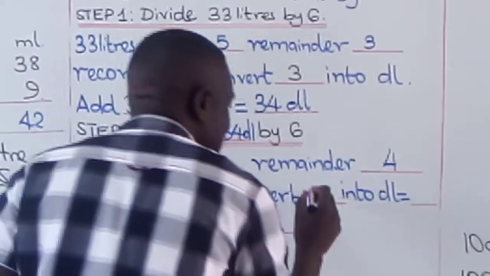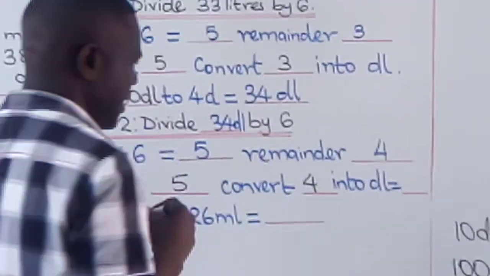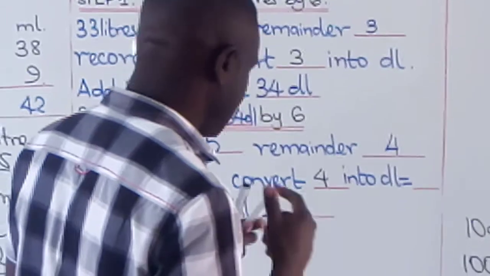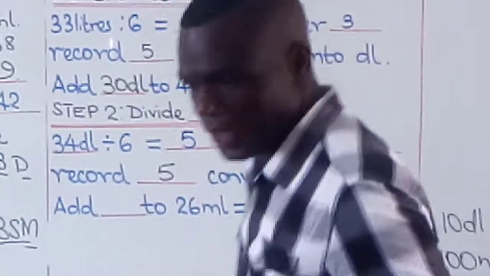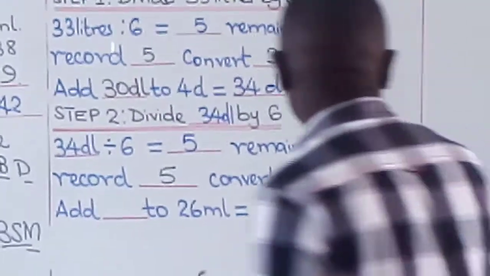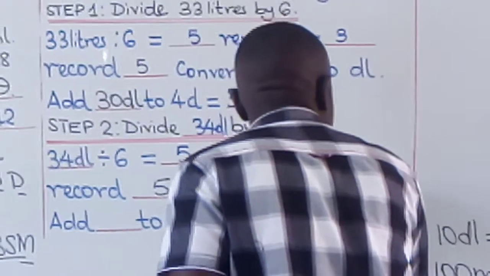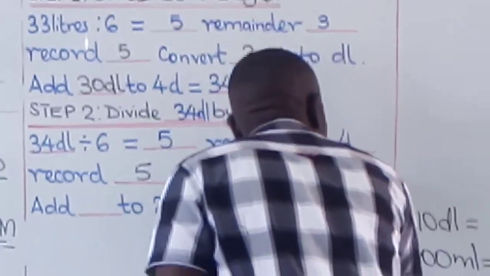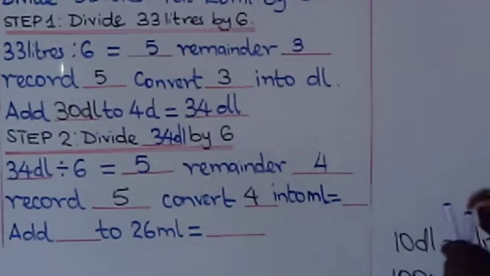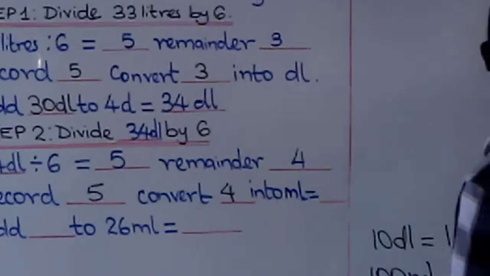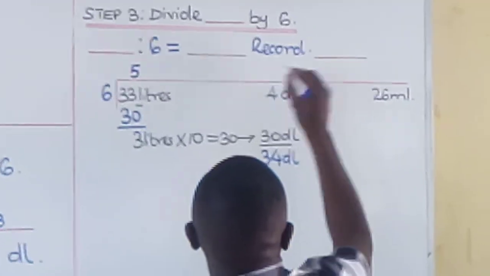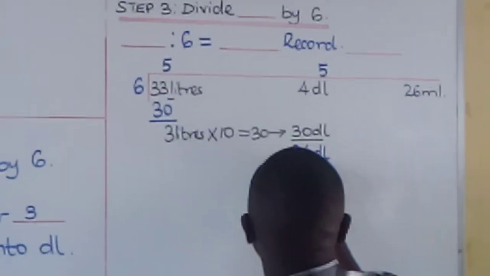And convert the remainder into milliliters, not deciliters, sorry. The remainder is converted into milliliters. Now, we have recorded 5 here because of 30.